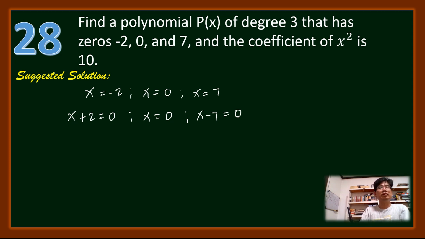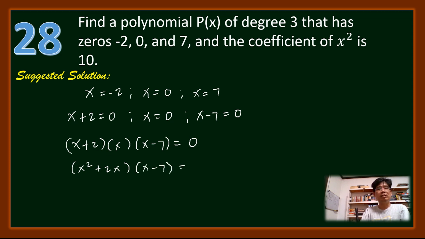If these are the factors of the polynomial of degree 3, then we can form a polynomial equation x times x plus 2 times x minus 7 equals 0. Multiplying these factors, we have x squared plus 2x times x minus 7 equals 0. Then we have x squared times x is x cubed.